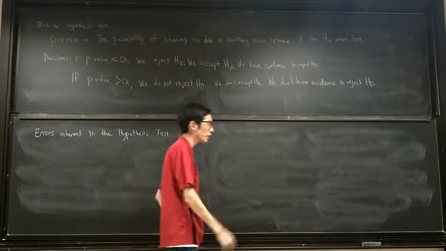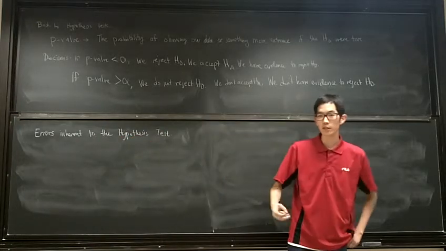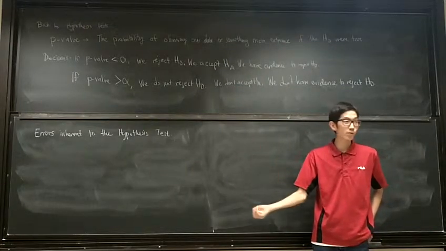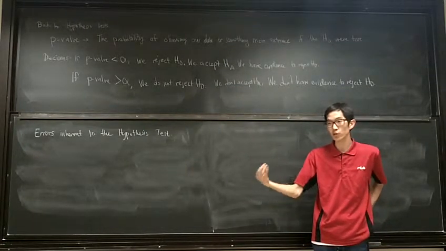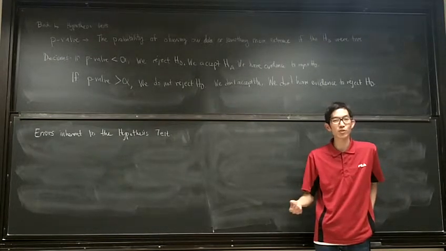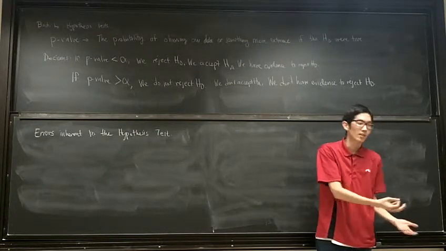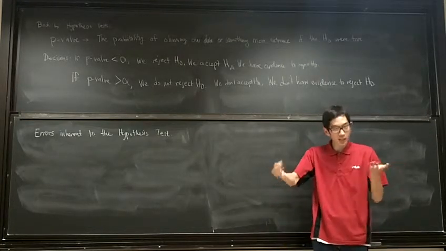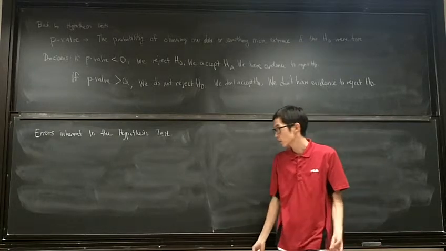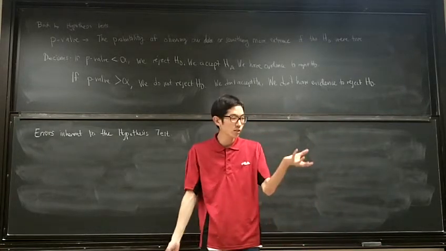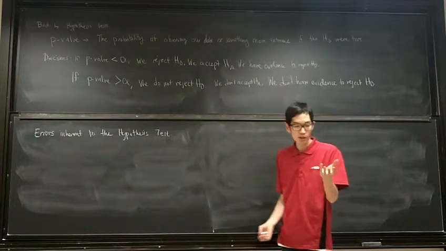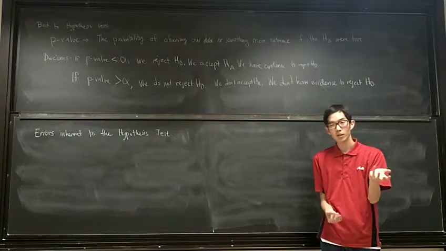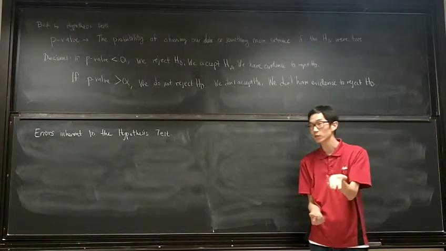If you think of a hypothesis test as kind of like a trial, what you want to go for is to find out the truth, but we don't know the truth. The defense has their side and the prosecution has their side, and they're at odds, and we're trying to understand the truth. Because the truth is unknown to us, there are just two types of mistakes a jury can make at the end of a trial.